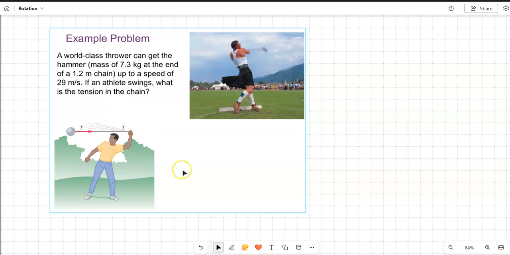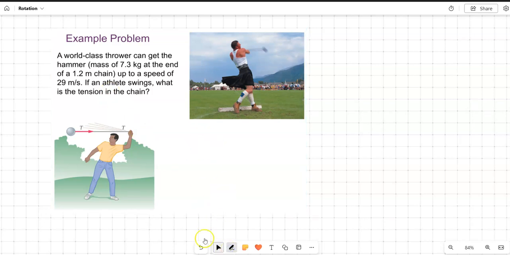So let's go ahead and draw our little force diagram based on this picture right here. The ball is over here. We're going to draw our coordinate system. This is going to be positive x. This is going to be positive y. This is going to be negative x.